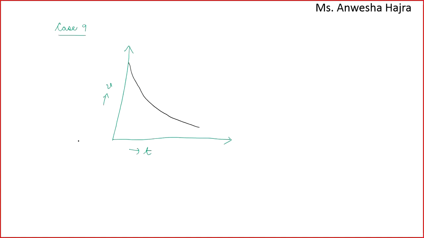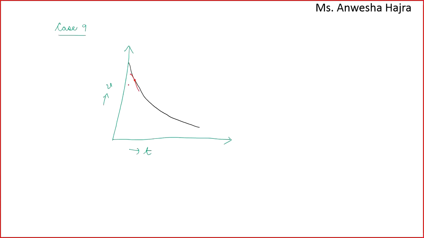Now suppose we get a question like this, or one more case let me discuss. Say this is velocity time. Say the graph becomes like this. What is the slope?